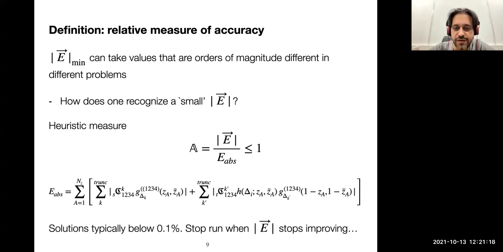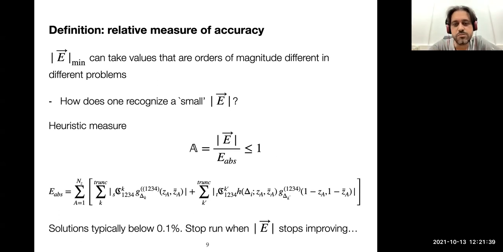You see here I have E in the numerator and what I call E absolute in the denominator, which is simply take all the terms that appear in the crossing equations, take their absolute values, and sum over all of them and sum over all the crossing equations. By the triangle inequality, this is going to be a number less than or equal to 1.